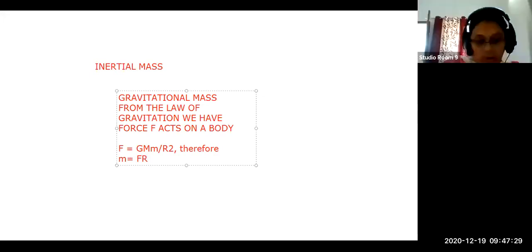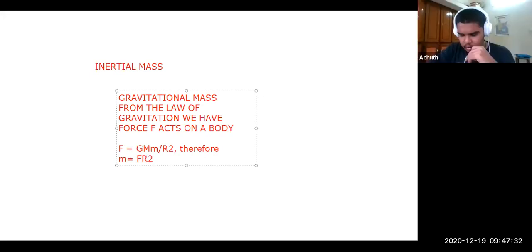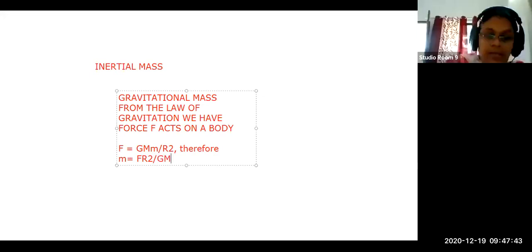F R square divided by G into capital M. Correct. G is the gravitational constant, M is the mass of the Earth. So this is how you find out gravitational mass. Don't write R2, it is F R square.